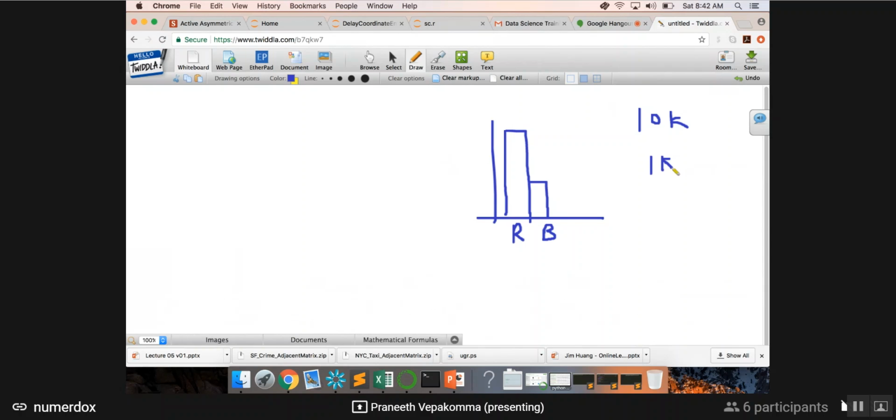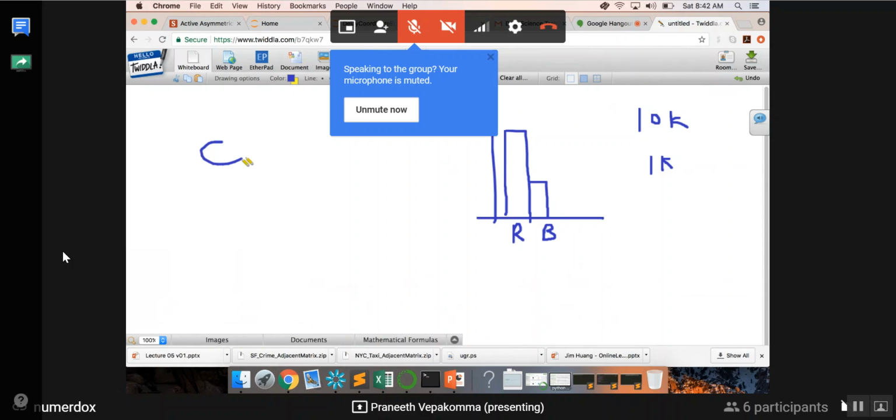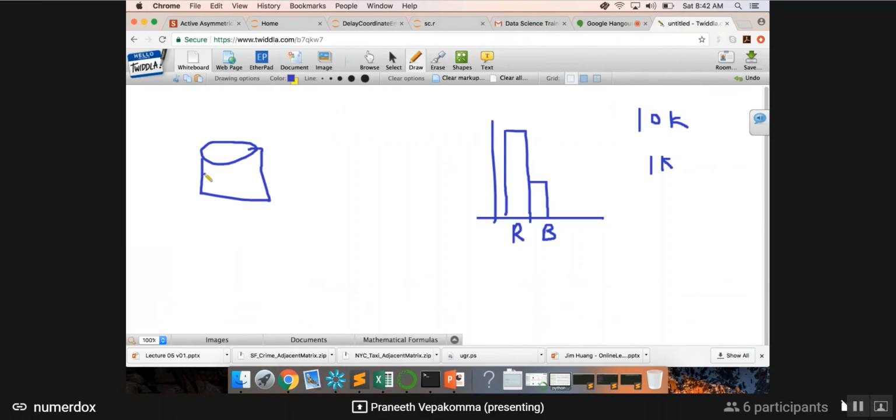Now, if I do sampling with replacement, to get a sample of size 1,000, I take one ball out and put it aside here. Then I take the second ball out and put it aside here. So I collect 1,000 balls.